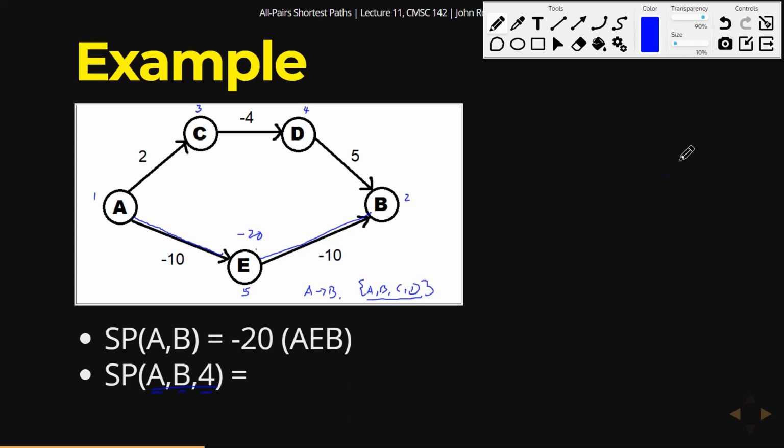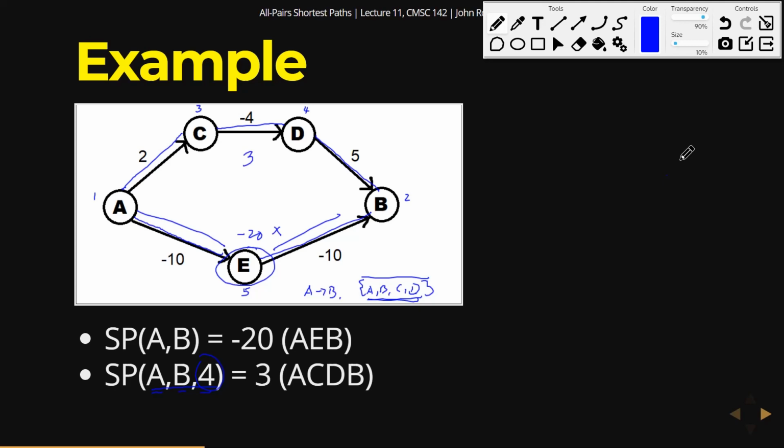In this case, we cannot use E anymore since it's not part of this set. So we cannot take this path. Instead, we are forced to choose the upper path, which is 2 minus 4, so negative 2, plus 5, which is 3. So if we're restricting it from A to B using only vertices from A to D, then the shortest path would only be 3. So A-C-D-B, that would be the path.